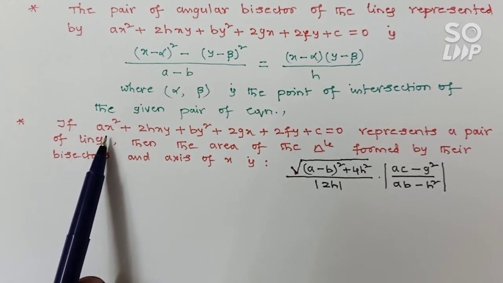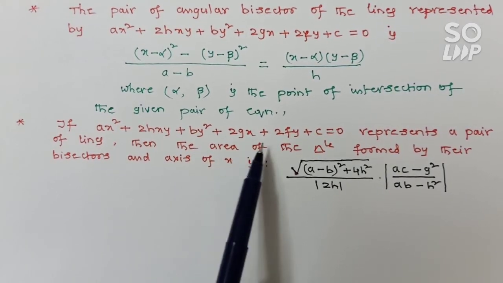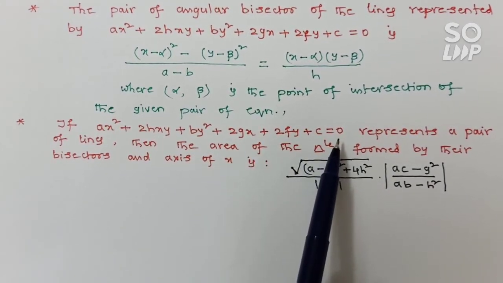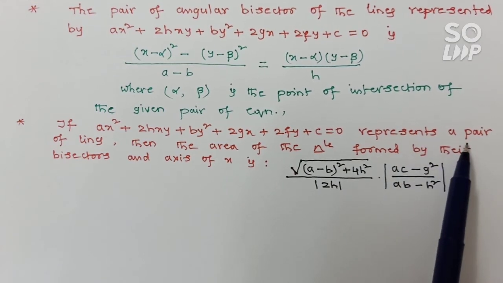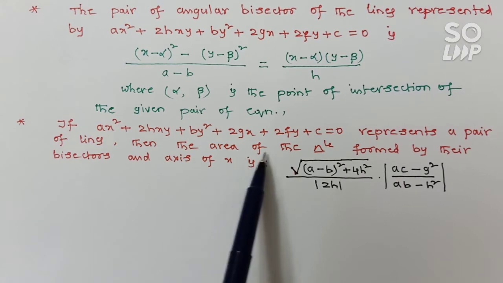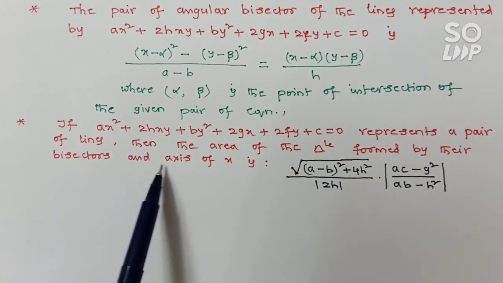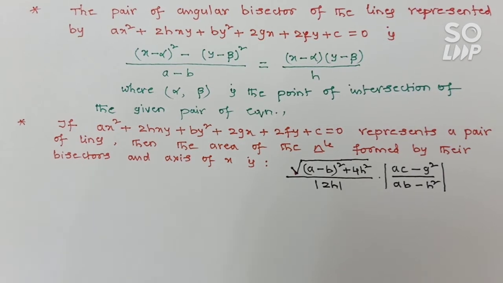If ax square plus 2hxy plus by square plus 2gx plus 2fy plus c is equal to 0 represents a pair of lines, then find the area of the triangle formed by the bisectors and the axis of x.